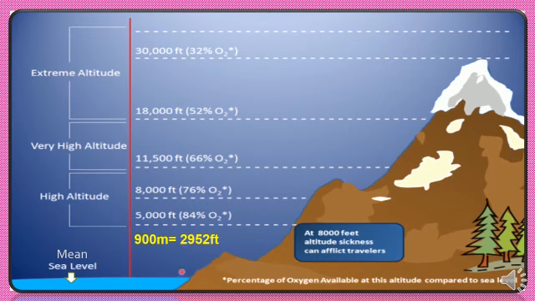So the mountain's height, as we can see here, this is the mountain which is quite high above this mean sea level. So we usually calculate the height of a mountain from the mean sea level. You can see this red line and the height written over here. Now if this particular landform is more than 800 meters in height, then only we can call it a mountain. Otherwise it could be considered a small hill.